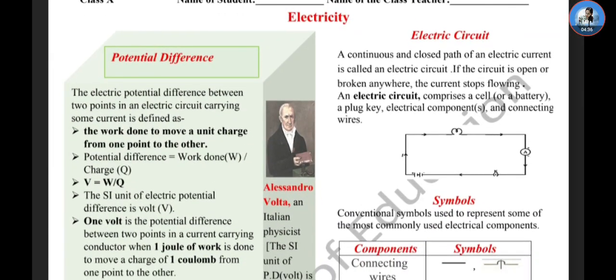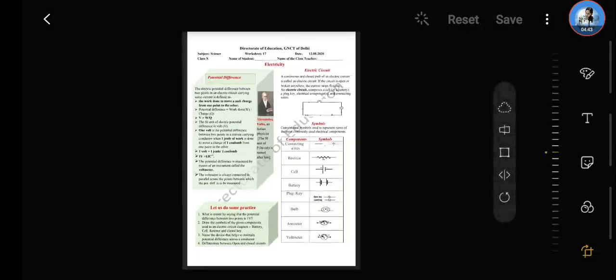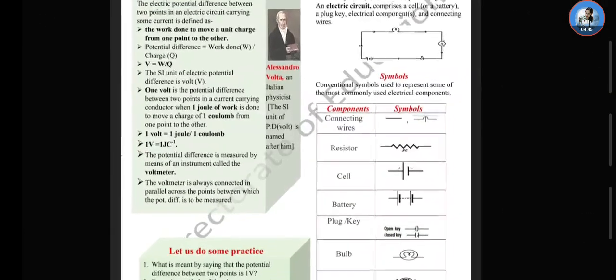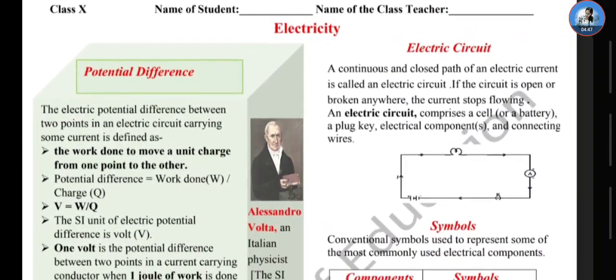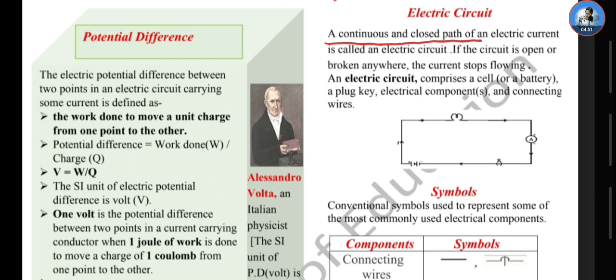So students, electric circuit is a continuous and closed path for a current to move. You have commonly used the term at your house. What is electric circuit? It is a continuous and closed path of electric current.